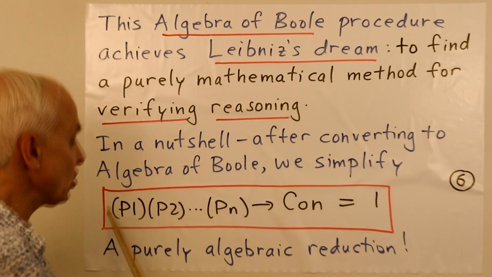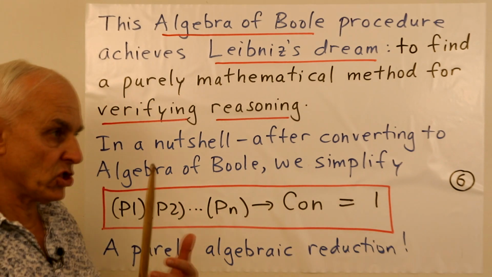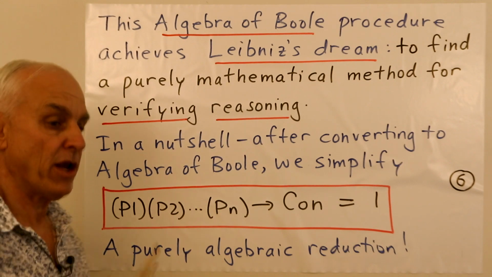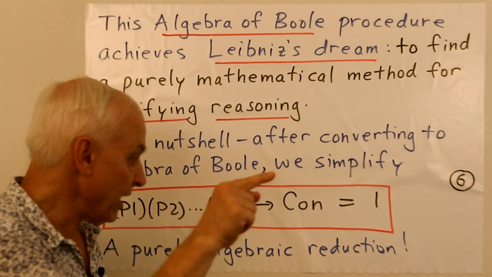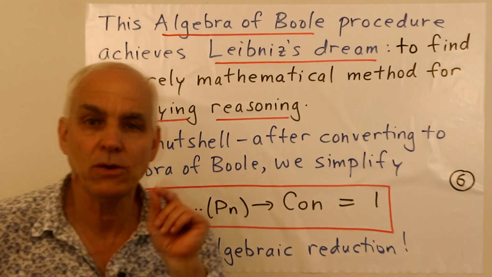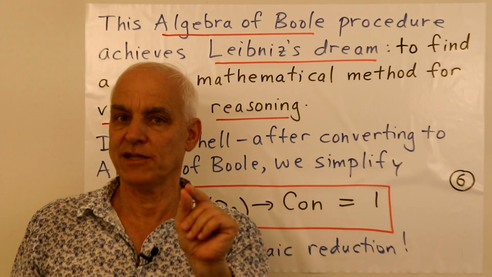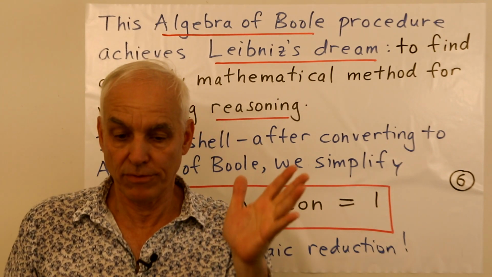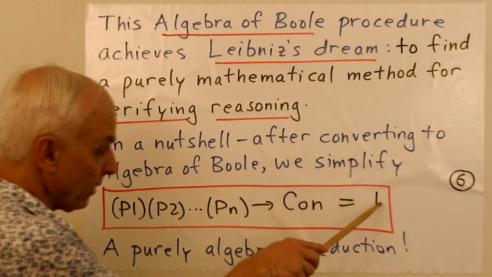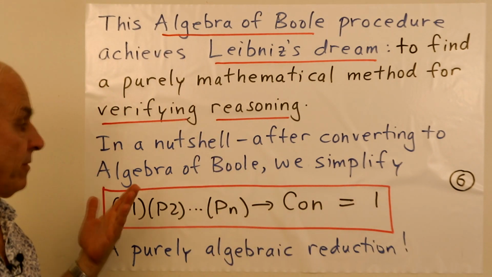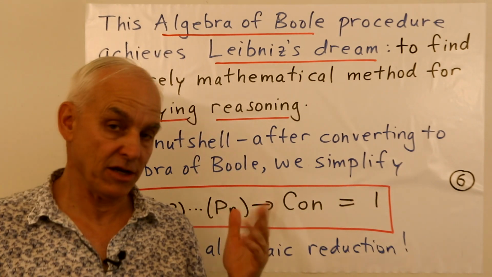We create this composite expression which captures the idea that the product of the premises implies the conclusion. And then we systematically reduce this thing, just using the Boole reduction formulas, and hopefully we get 1. And if we do, then we have succeeded in our task.